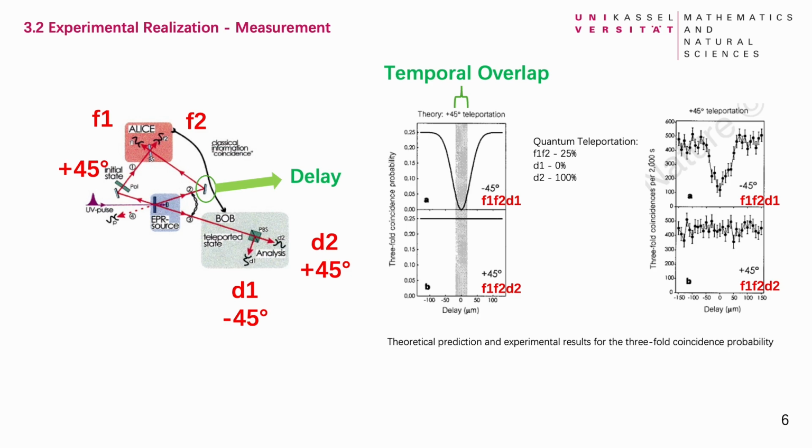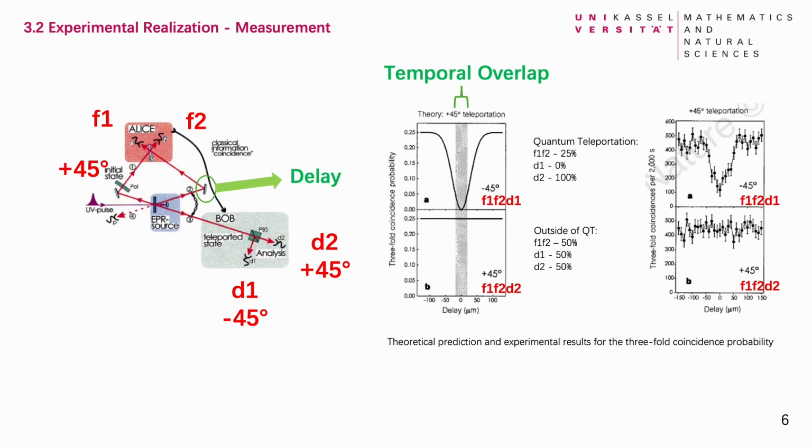Photon 3 has all become photon 1, 45 degrees. So 0 for D1. Do a multiplication. We can see on the upper picture, in the middle is 0, and the lower one in the middle is 25%.